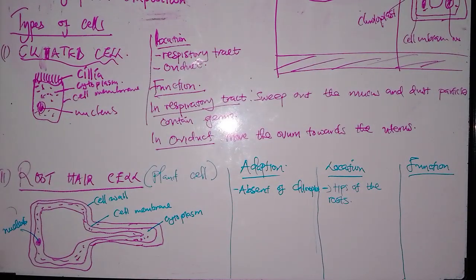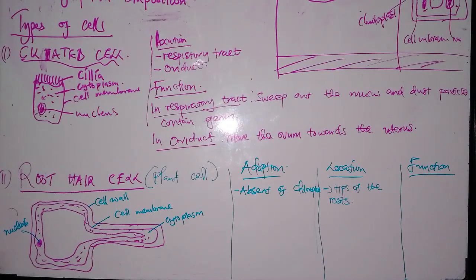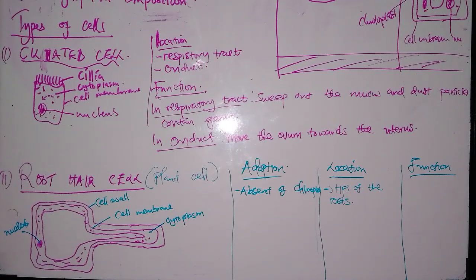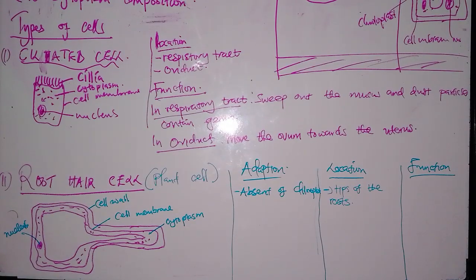Because it is found at the tips of the root, it does not need chloroplast, because chloroplasts are responsible for performing what? Photosynthesis. But we know that photosynthesis only takes place in leaves, so it does not take place in roots.